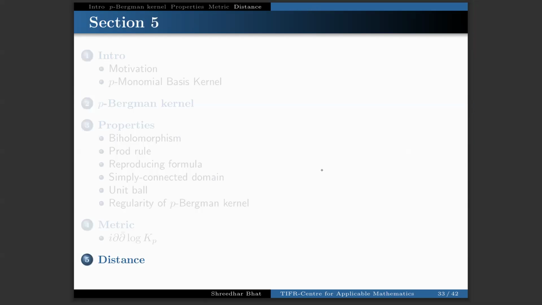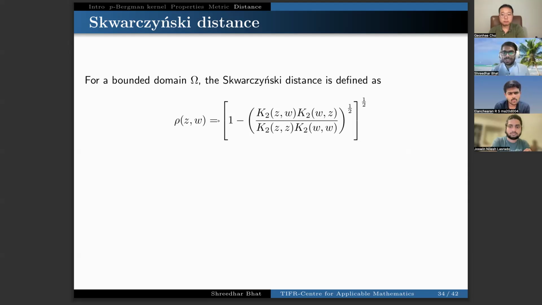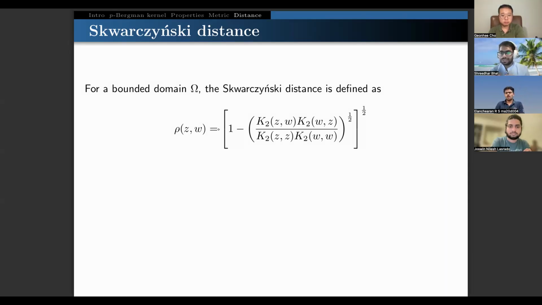There is one more thing that I want to talk about. That is called the Skoda distance, the Skorzynski distance. So the Skorzynski distance is defined using the usual Bergman kernel K2. So rho of Z, W is 1 minus K2 of Z, W, W, Z raised to the power of, and so on, this complicated way.